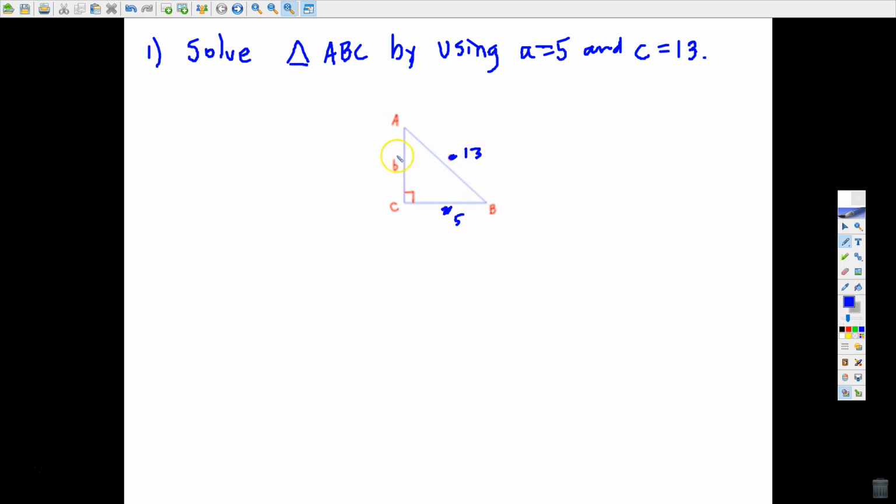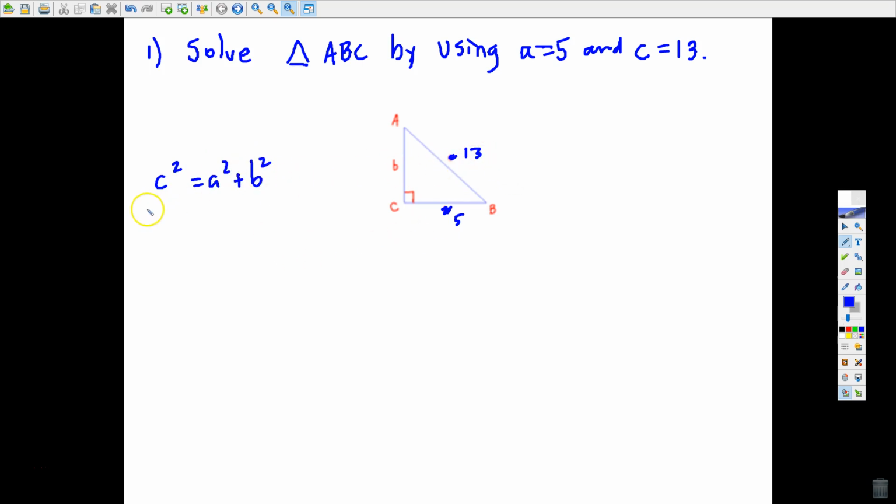So to find a missing leg of the triangle, since both of these are non-decimal numbers, it's safe to use the Pythagorean Theorem. Otherwise, I would probably try to find one of these angles first and then use a trig ratio, but we can go ahead and jump into using the Pythagorean Theorem here. So c squared is a squared plus b squared.